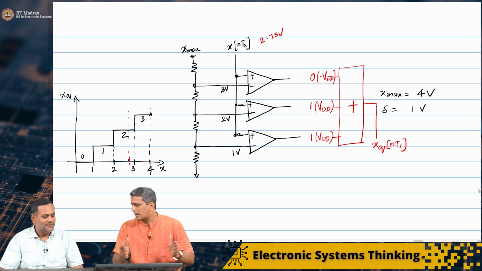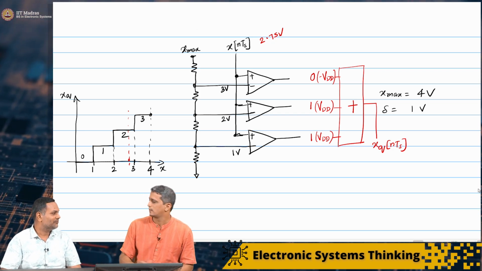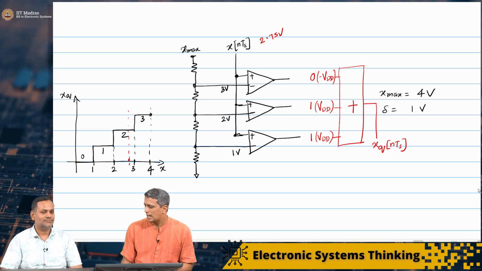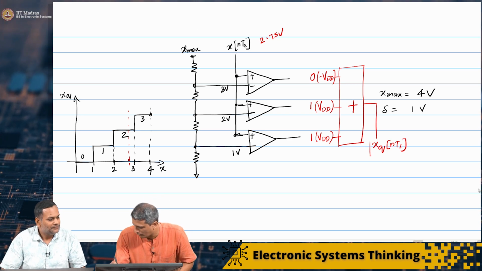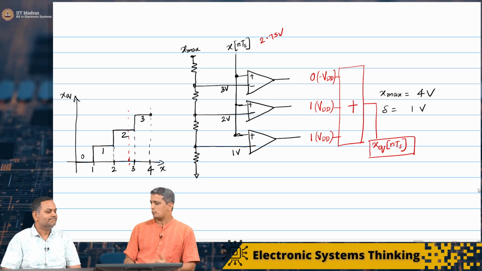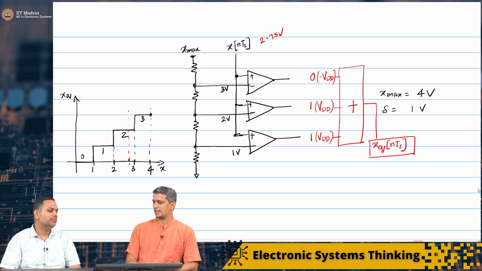If the sampling time is relaxed enough compared to the speed at which this ADC operates, there will be no problem. So we have now shown how we can get the time quantized, amplitude quantized version of this signal.